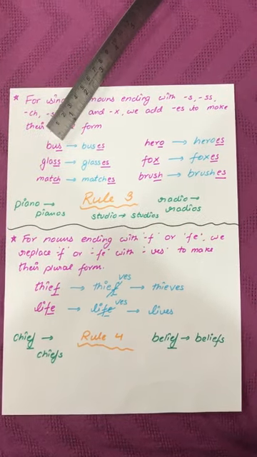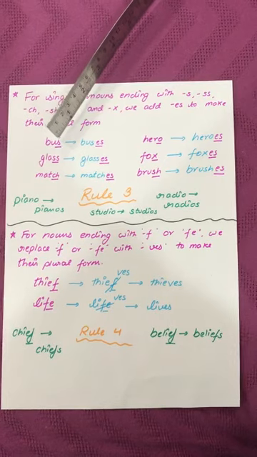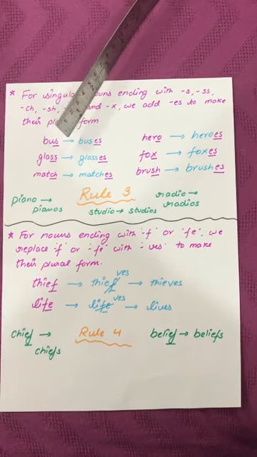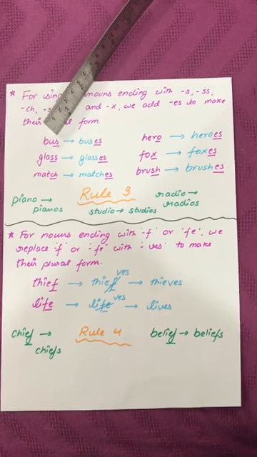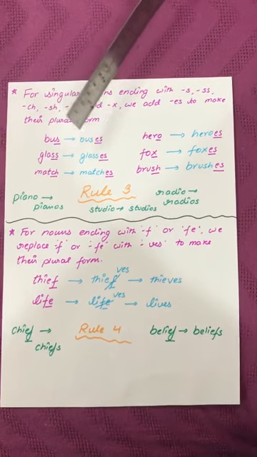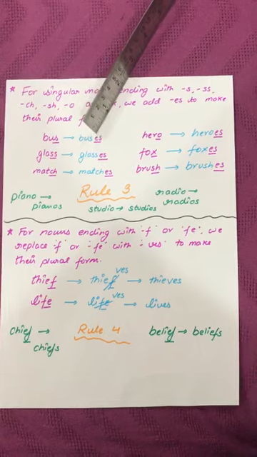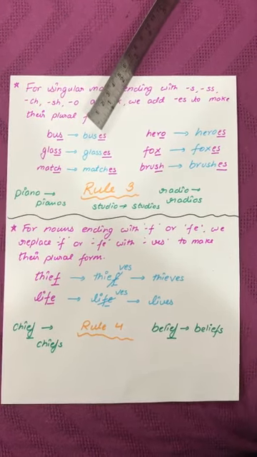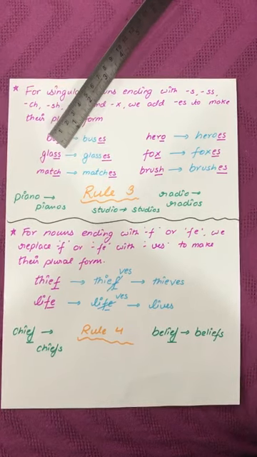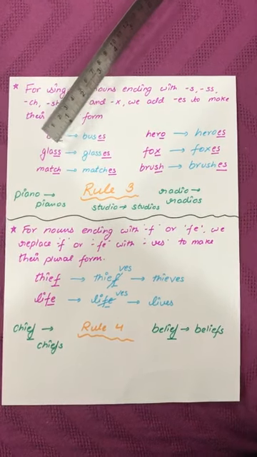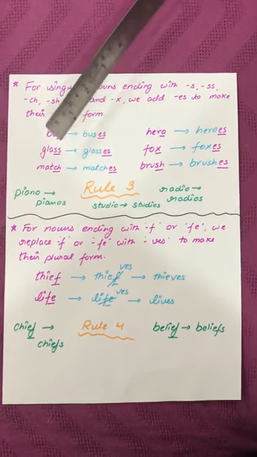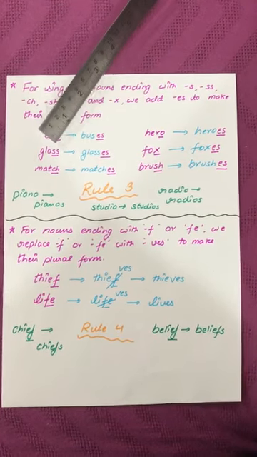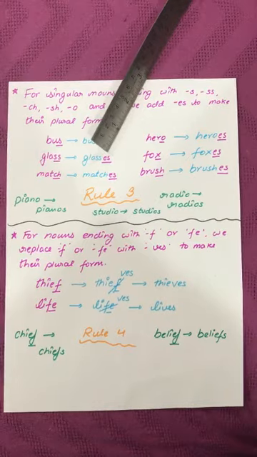Now this word bus ends with the letter S. So we will add an ES to the end of the word to convert the singular word into plural. So we have added an ES here, so bus becomes buses. Then we have glass. The word glass ends with a SS. So we have added ES to the end of the word to convert it from singular to plural.